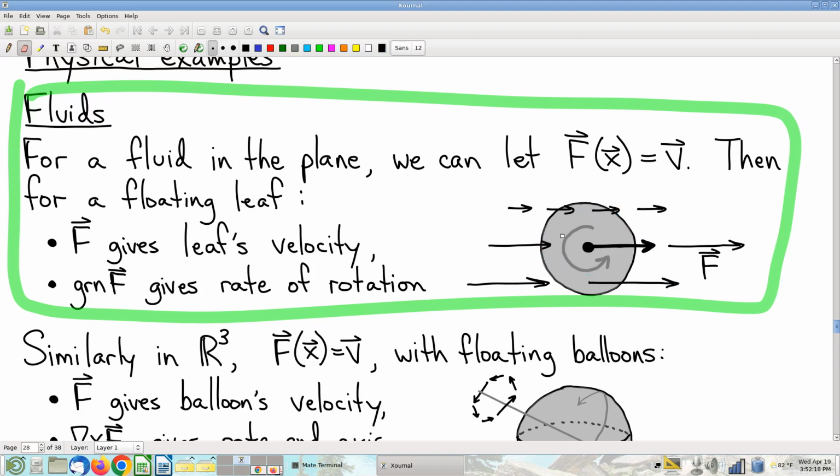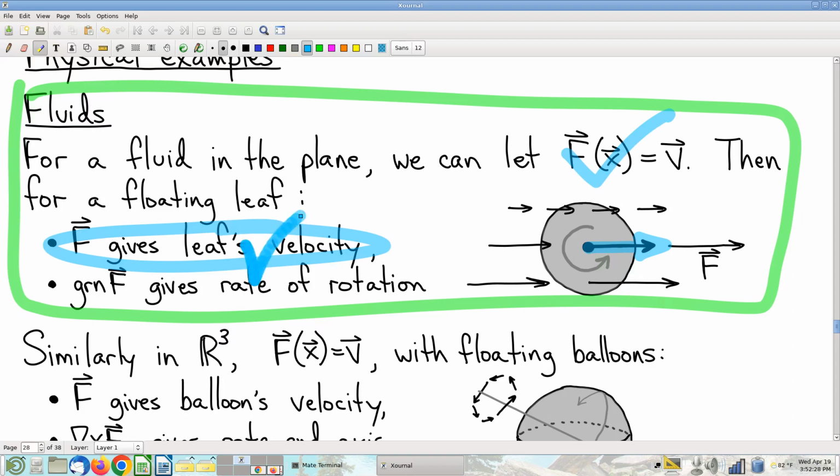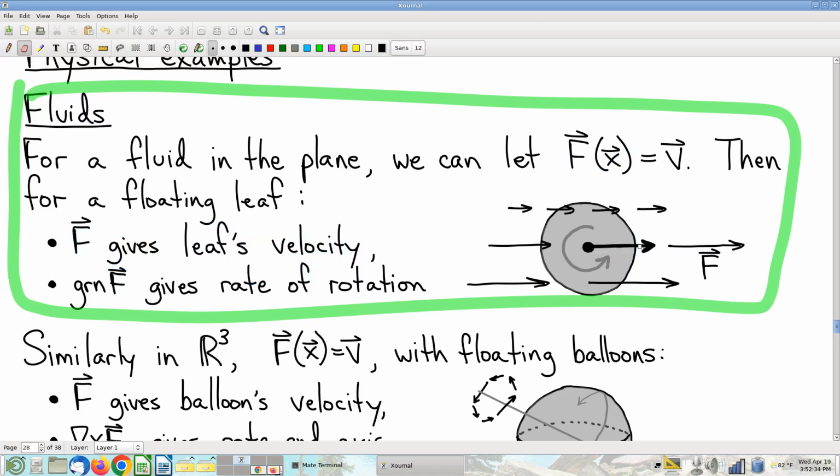Well, what does the floating leaf do? It does exactly what the water tells it to do. If you know the water's velocity, then you know the leaf's velocity. They're the same. But now let's talk about rotation. To what extent is the leaf turning as it goes? Well, look, it's being pushed harder on that side.